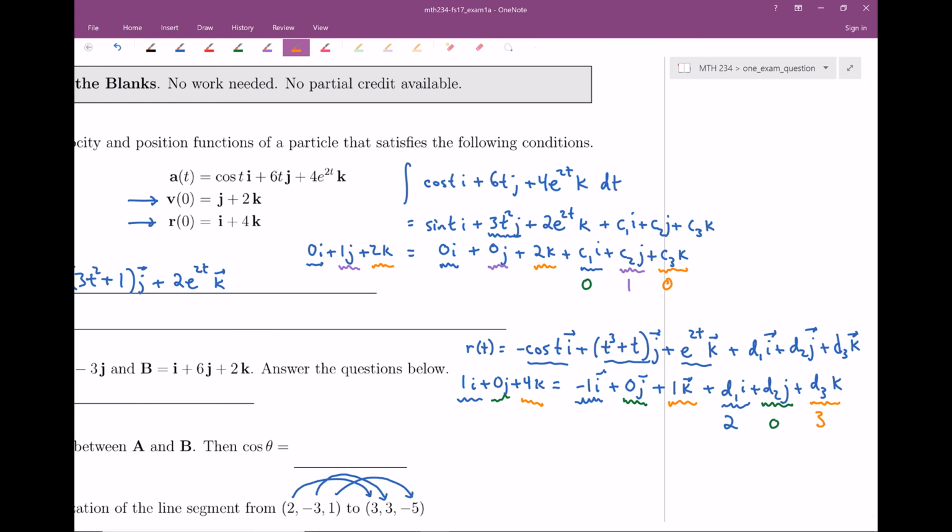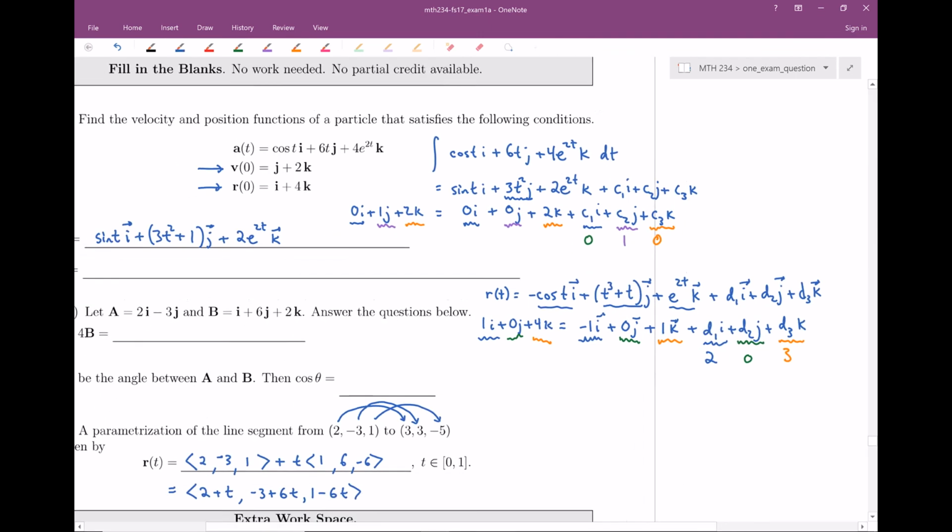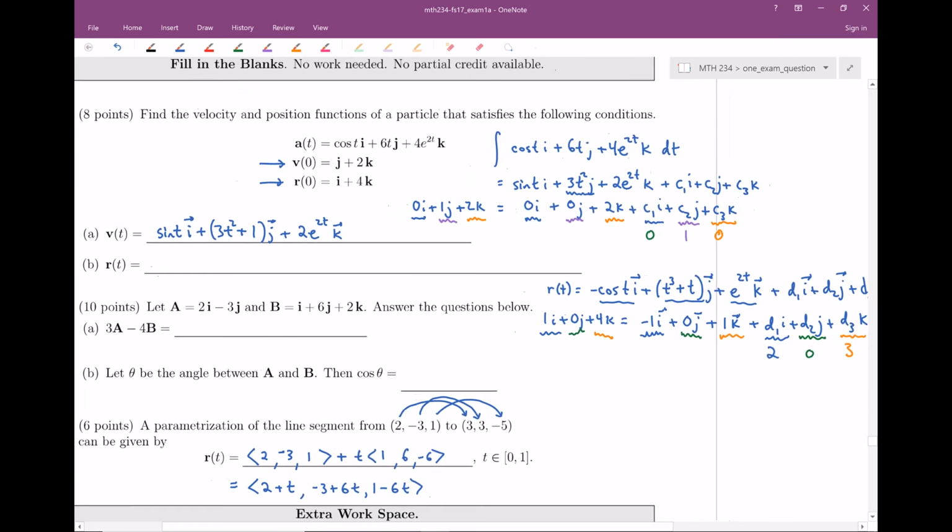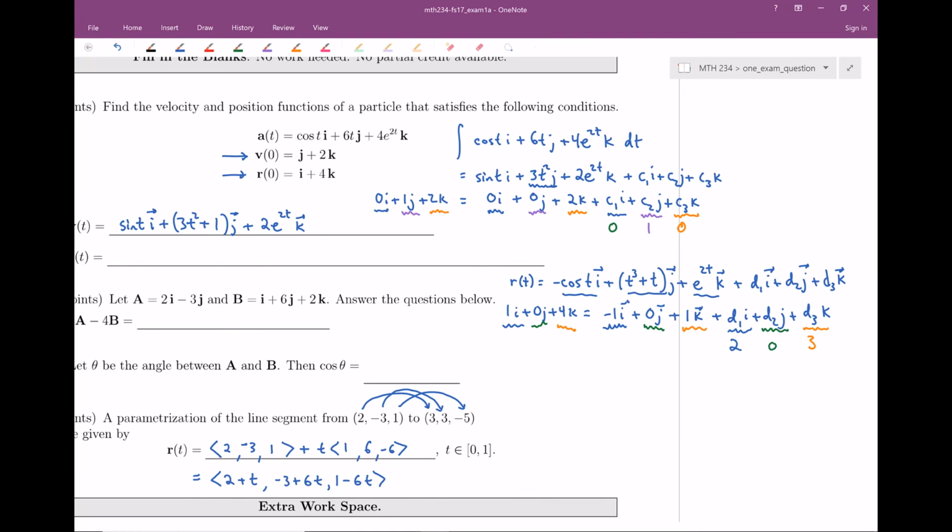It's 2, 0, 3. So now let's go ahead and put that all together on this final line up here. So r of t is going to be equal to negative cosine of t plus 2, and that's all the stuff that's in the i component. So again, negative cosine, and then I know that d1 is 2. Plus, for my j stuff, I have t cubed plus t plus 0.